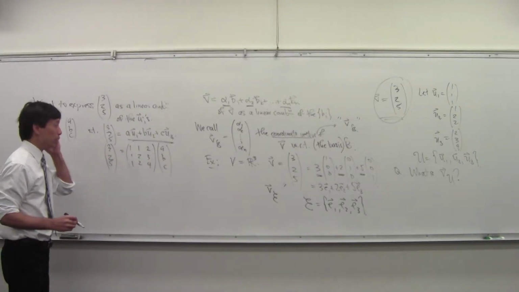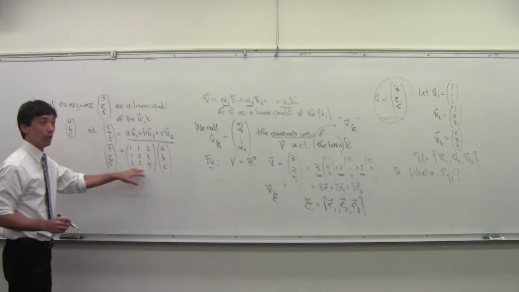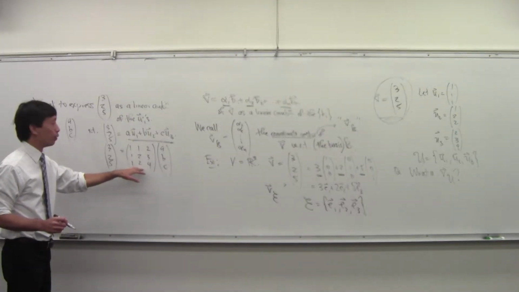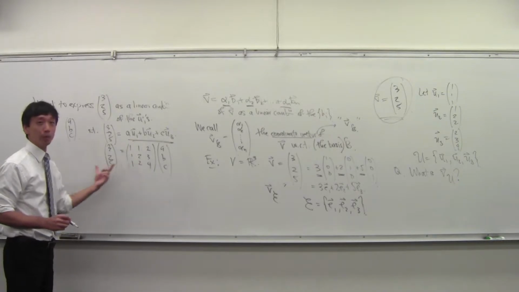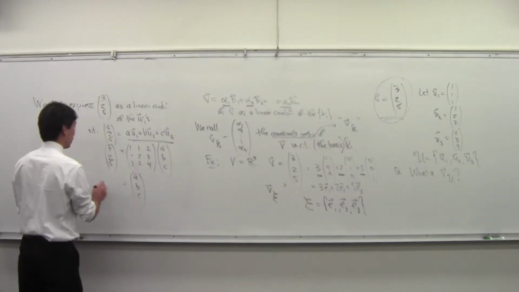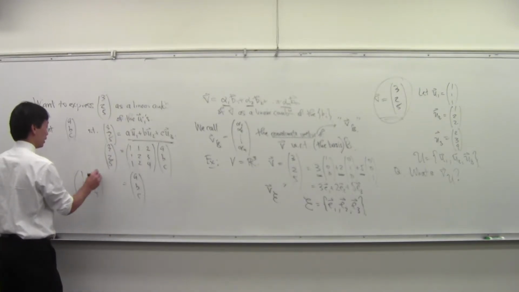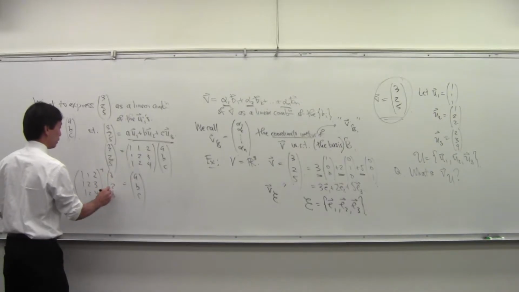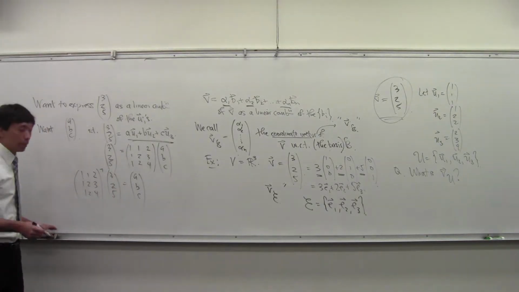So what does this boil down to? Just a row reduction, or finding the inverse of this matrix and multiplying on both sides by the inverse. So you find A, B, C by taking the inverse of this matrix and multiplying 3, 2, 5 by it, and that'll give you the answer.